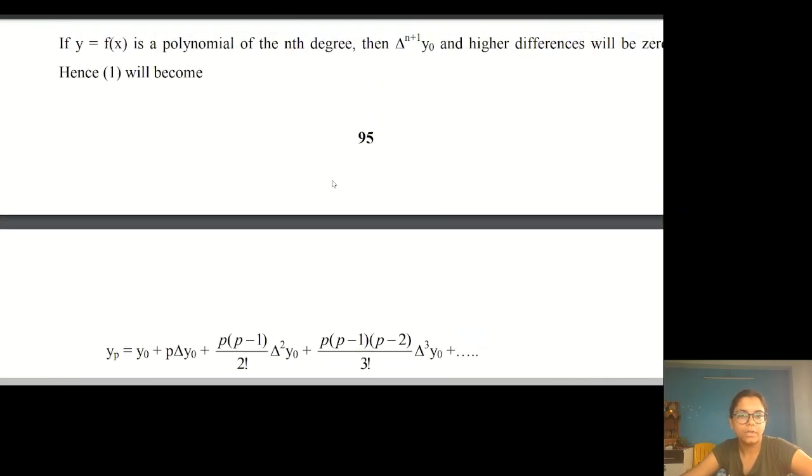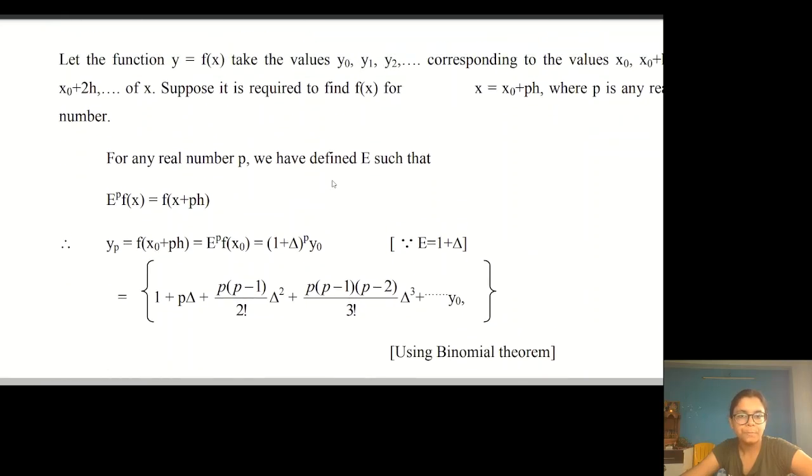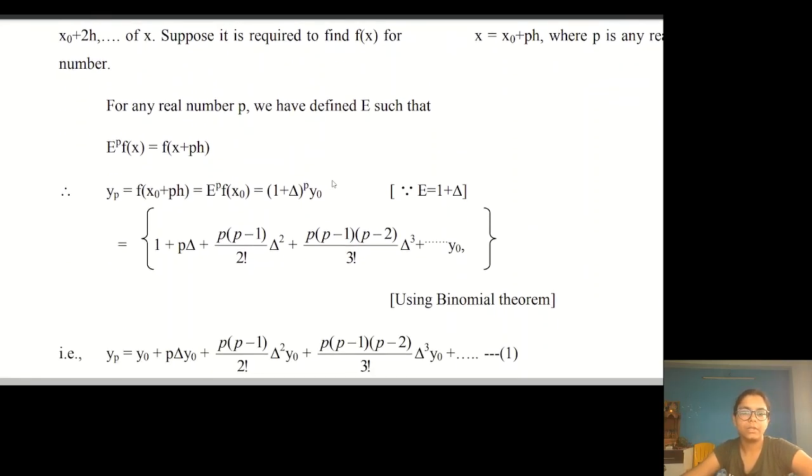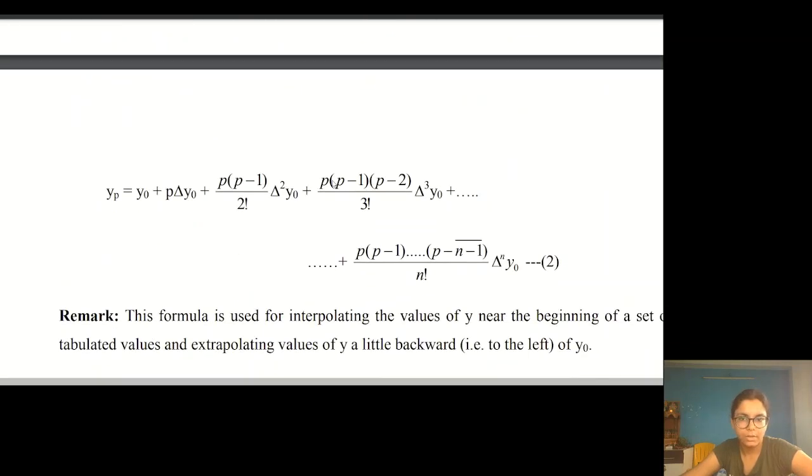And this is how we have taken out all the values, and with this we could say that the generalized form of the whole formula is yp equals y naught plus p delta y naught plus p(p minus 1) divided by 2 factorial second forward difference y naught, and this would go on till p(p minus 1)...(p minus n plus 1) by n factorial delta to the power n y naught.